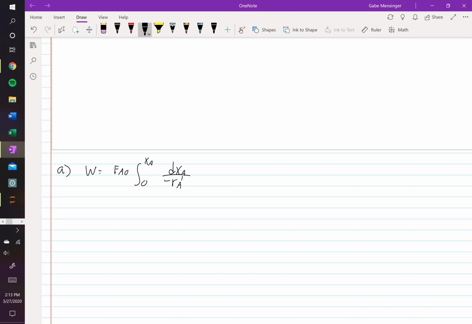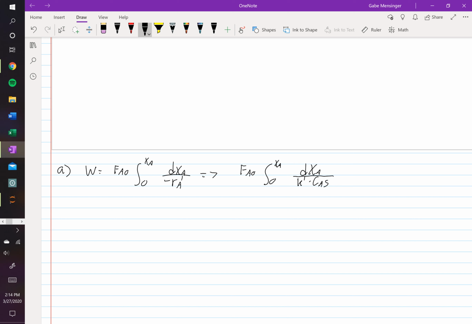It is very similar to the PFR, except we are not finding the volume, but we're instead finding the weight of the catalyst, and we're using the minus RA prime rather than minus RA. Okay, so plugging in what we have for minus RA prime, we have FA naught dXA over K prime times CAS, where CAS is the concentration on the surface.